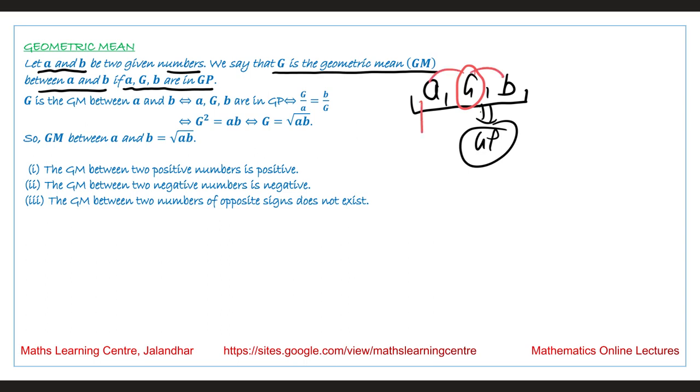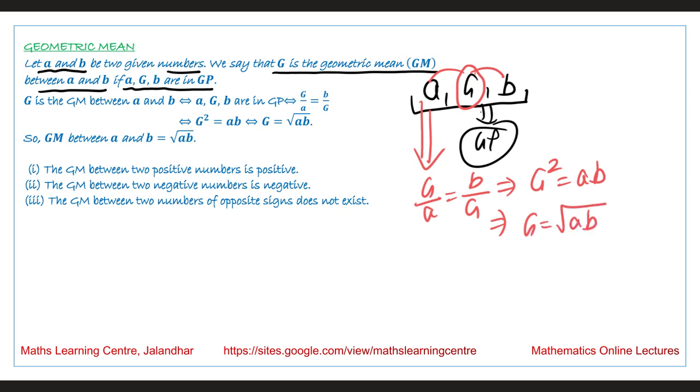Being a GP means that g over a is equal to b over g. So this implies g square is equal to ab, so g is equal to square root of ab. To calculate the geometric mean between two numbers, it is square root of ab.